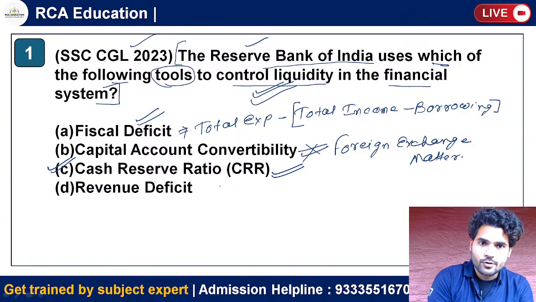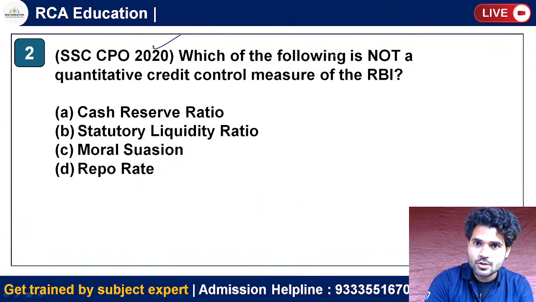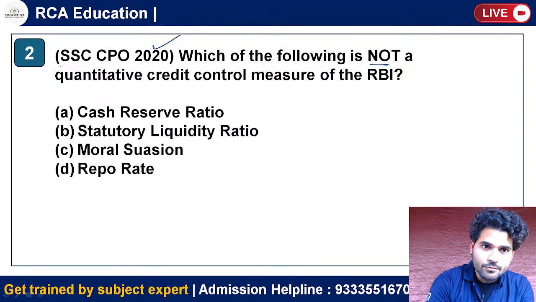Okay, revenue deficit meaning revenue expenditure minus... The question is asking which of the following is not a quantitative credit control measure.